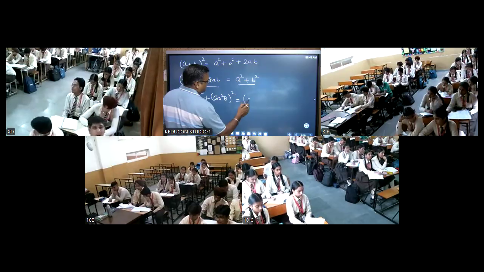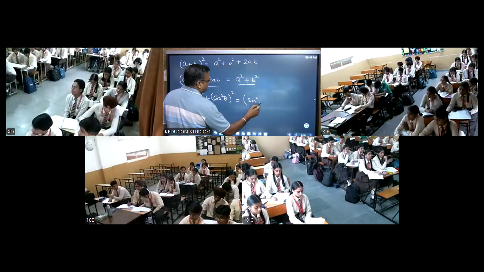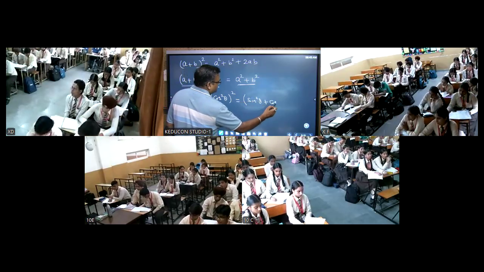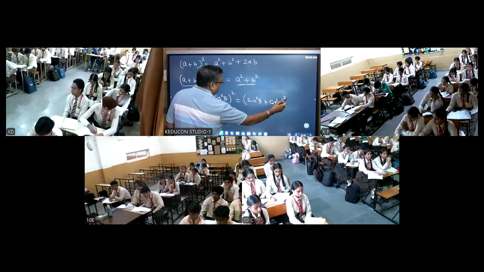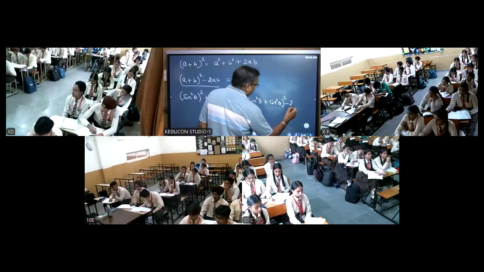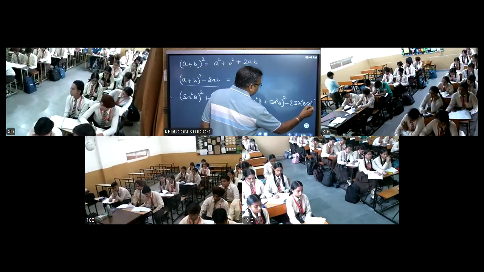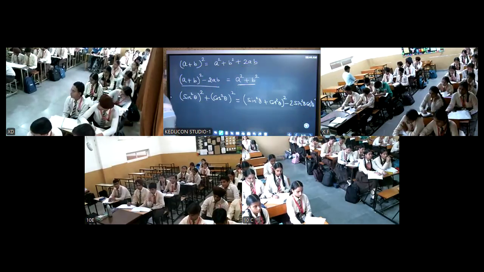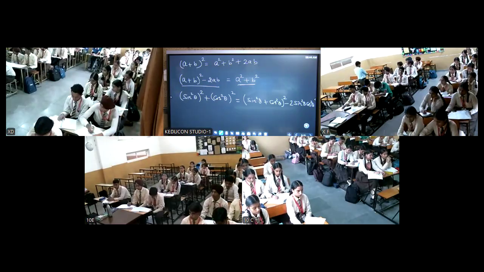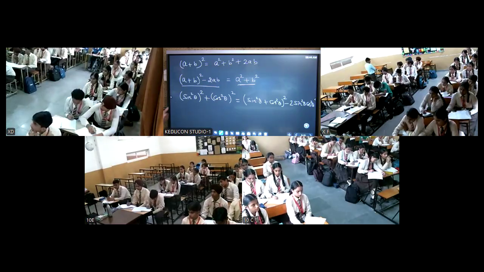What is this form? a plus b whole square minus 2ab. Is this step clear, students? Yes, sir.